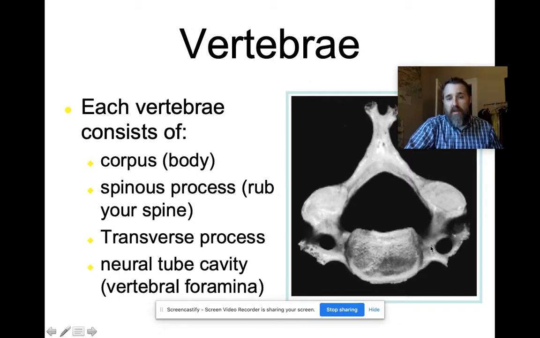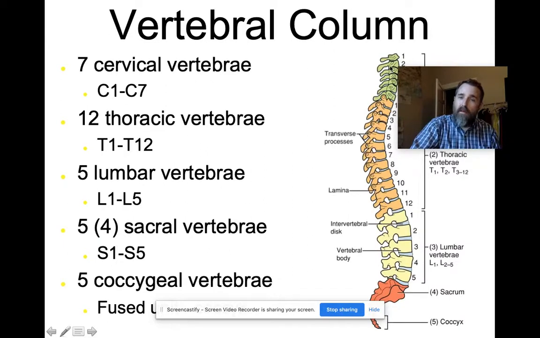And the transverse processes are going to come together and join posteriorly for the spinous process. In the middle, there's going to be a circle. That is the vertebral foramen, also known as the neural tube cavity. If we followed that cavity, you would see through all of these vertebrae, you would see your spinal cord.